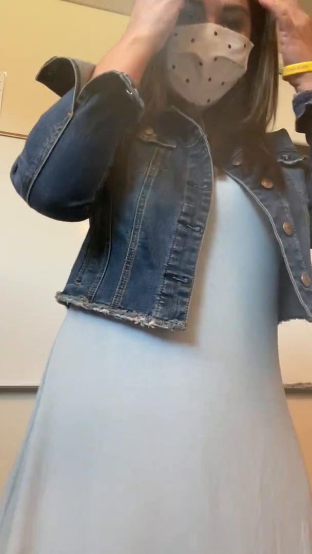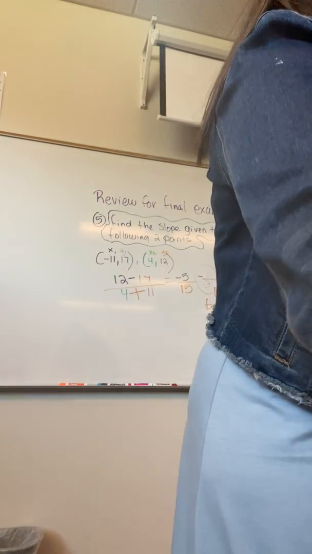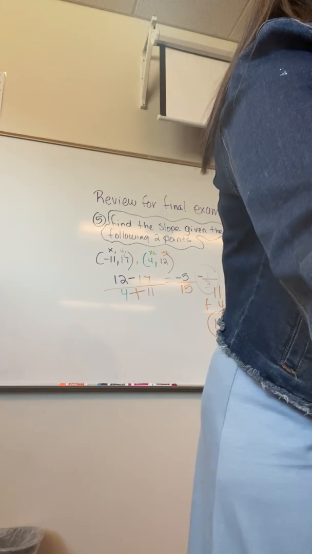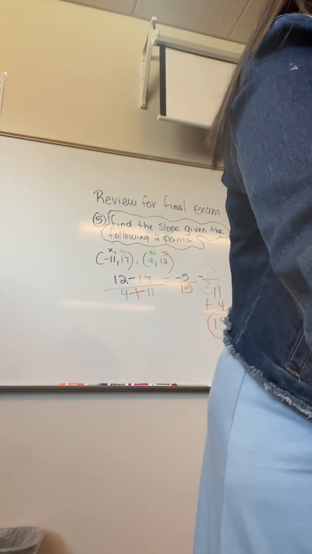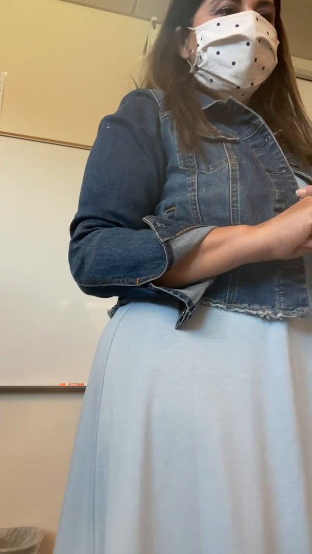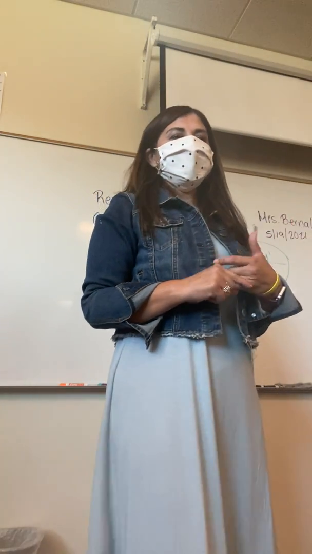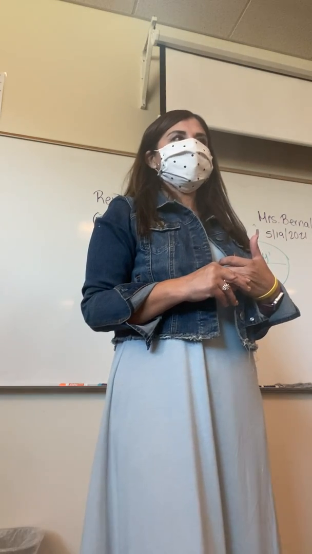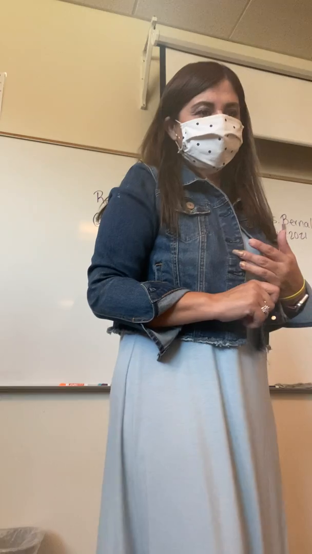So question number 4 on section 3.2 asks, write the equation of the line represented by the graph below. They're giving you the line, and the line is side to side, sideways, okay?